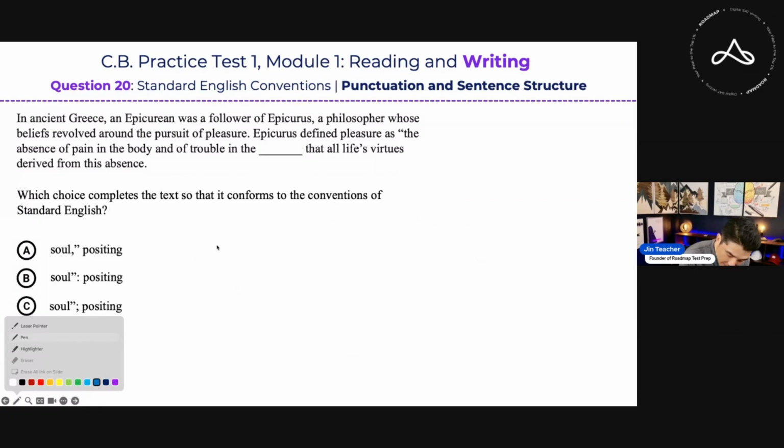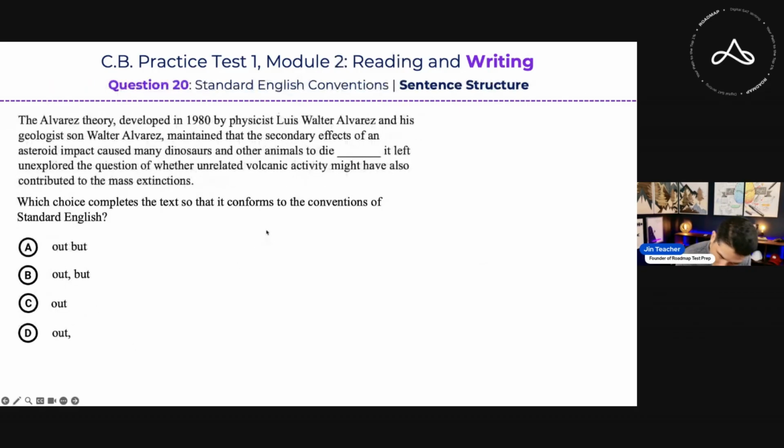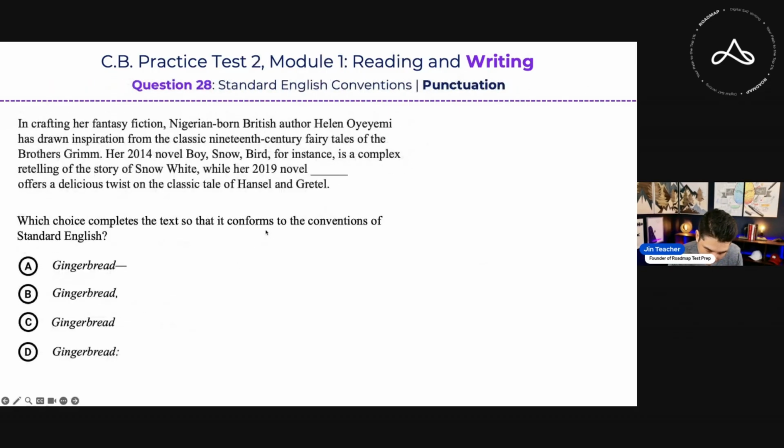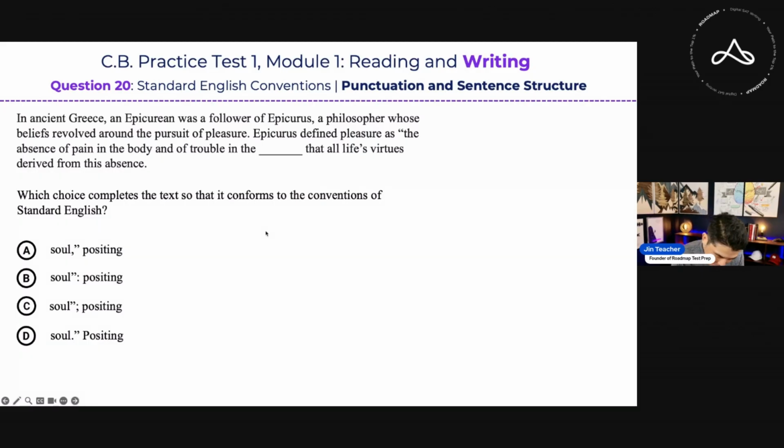So the next punctuation mark that you have to be very familiar with is a colon. Okay, so for the rule for a colon, you guys, there are three things that you want to check for.